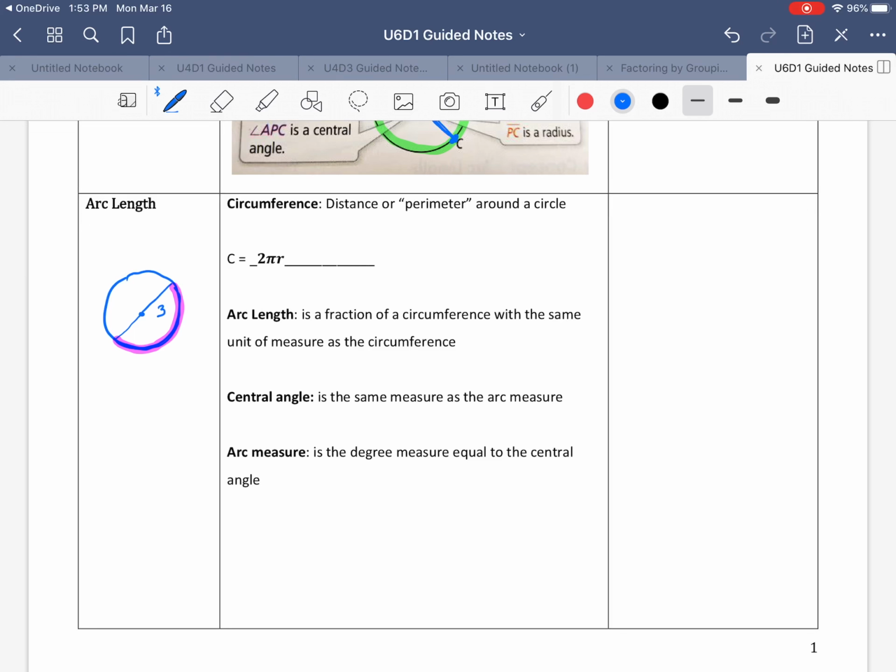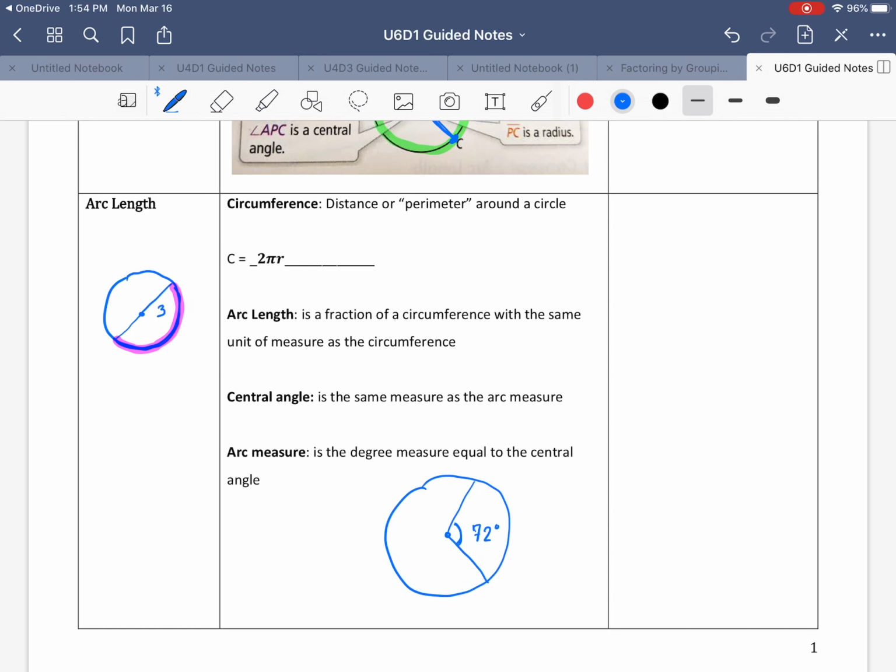But here, 2 other things that are really important is the central angle and the arc measure. Now, the central angle is the angle that is formed from the center of a circle. So for example, this here is our central angle of 72 degrees.